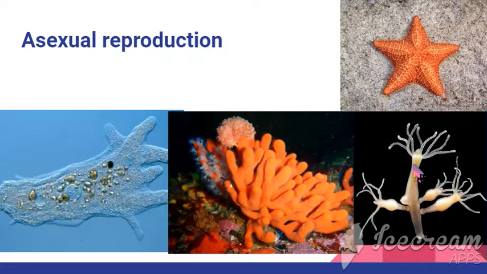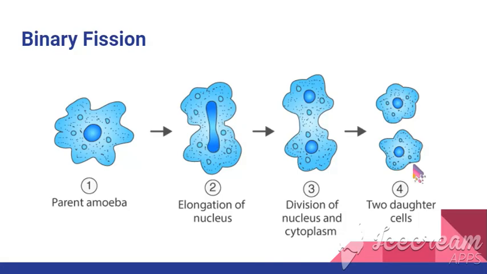Animals undergo asexual reproduction. And there are two types of asexual reproduction. One is binary fission. Binary fission means bi, bi means two, fission, breaking. So from the name itself we can understand: break into two pieces.